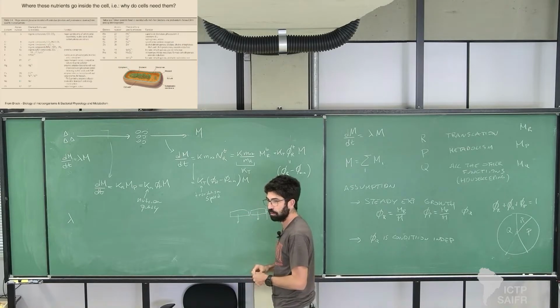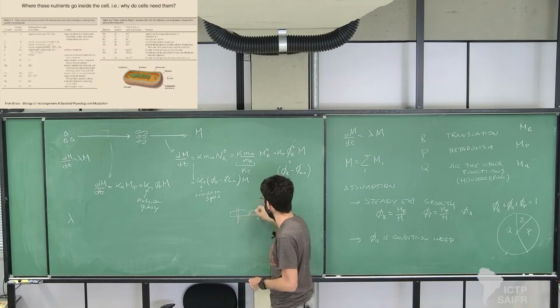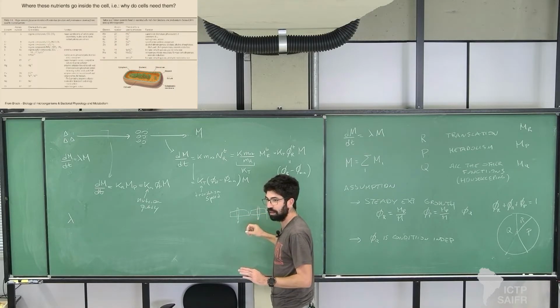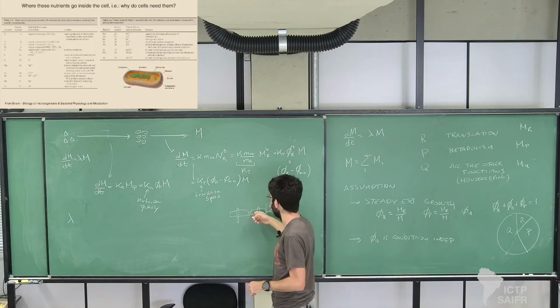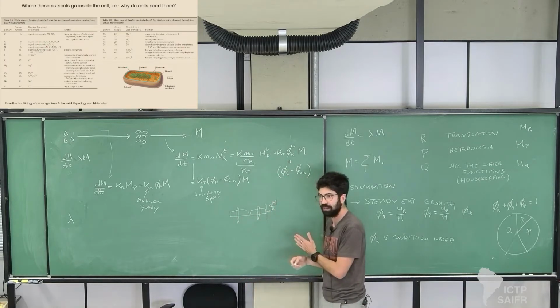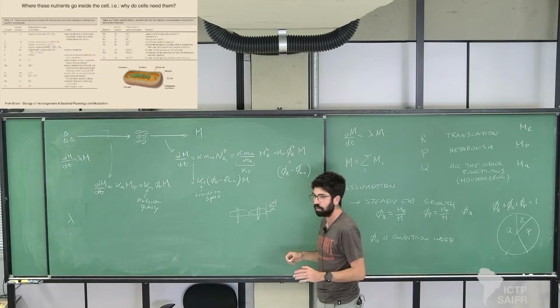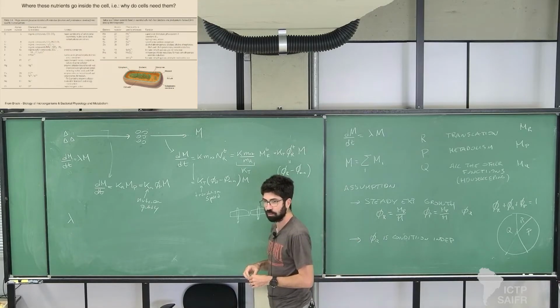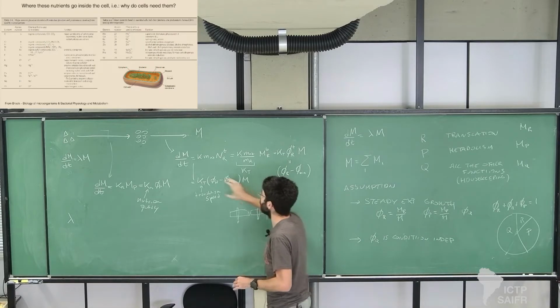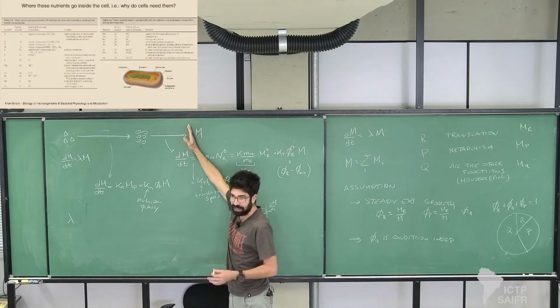So I can measure the flow here, or I can measure the flow here, and if everything is in equilibrium, the flow at the end has to be equal. So they are equivalent. But the dM/dt is always the thing at the end.